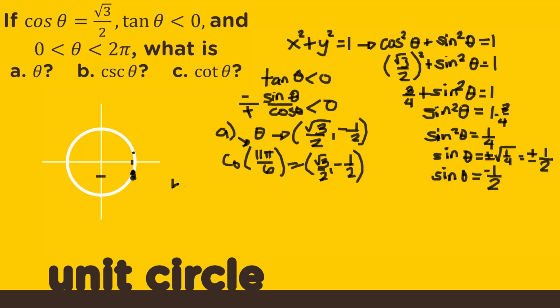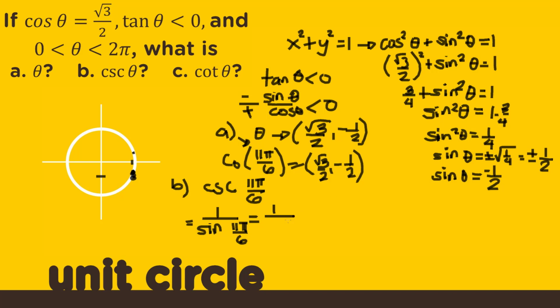Let's proceed to our B. Our B is cosecant theta, or let's specify the theta here, cosecant of 11 pi over 6. Cosecant is actually the reciprocal of sine. So you have 1 over sine of 11 pi over 6. Our sine is already given as negative 1/2.